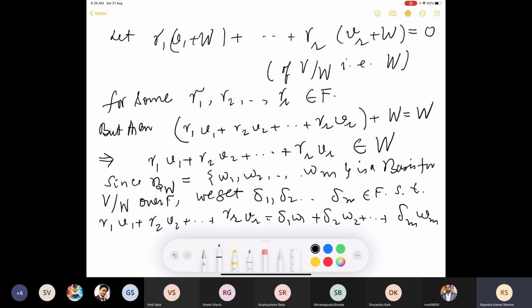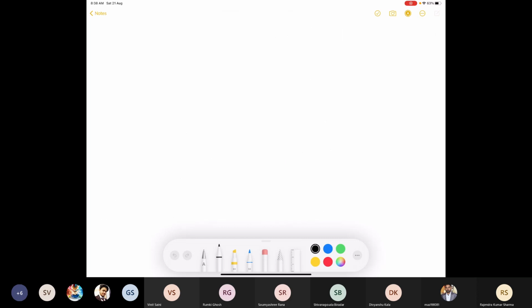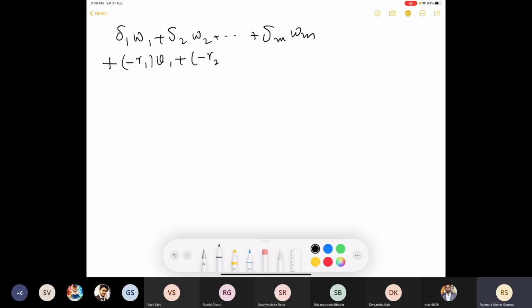So this implies that delta 1 W1 plus delta 2 W2 plus delta M WM plus minus of gamma 1 V1 plus minus of gamma 2 V2 and plus minus of gamma R VR is equal to 0.